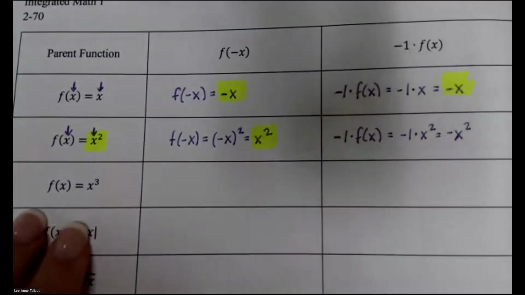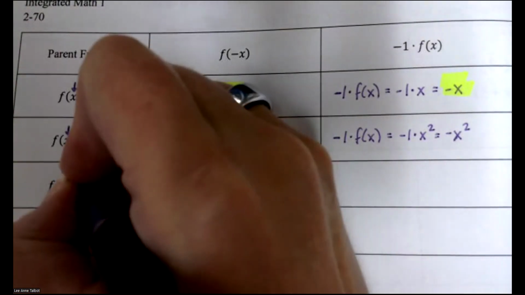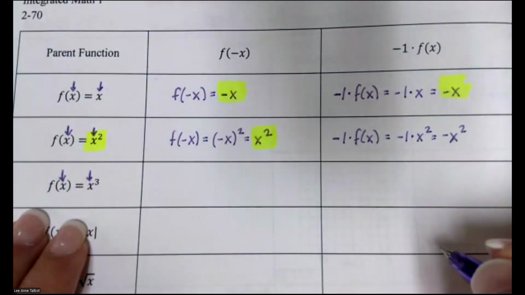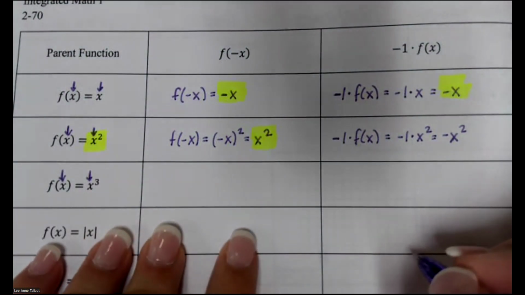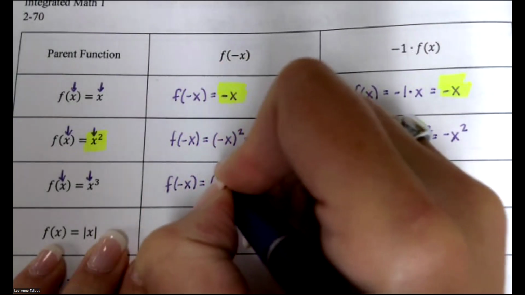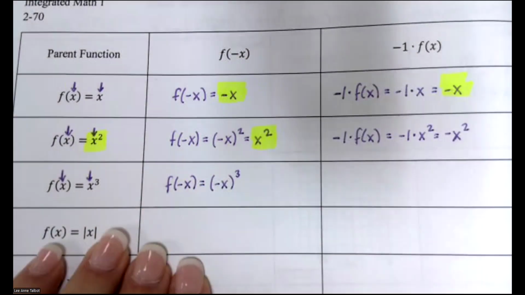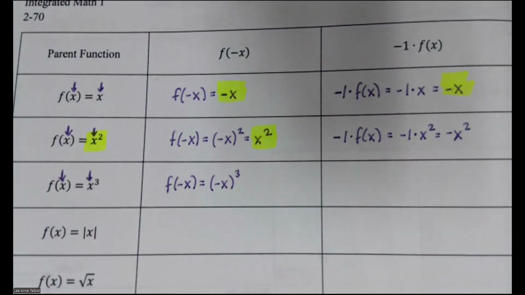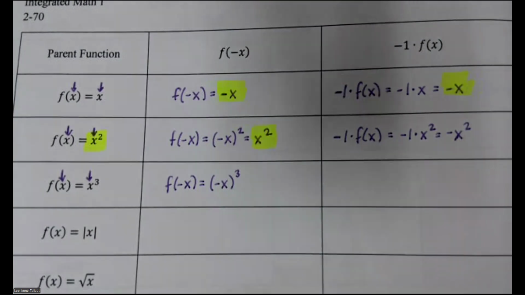Okay, f of negative x equals negative x cubed this time. A negative times a negative times a negative is a negative.